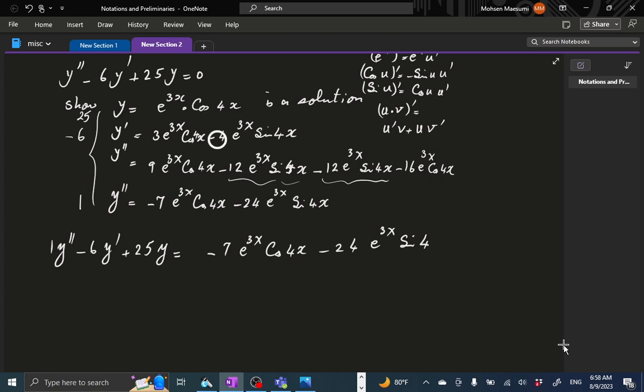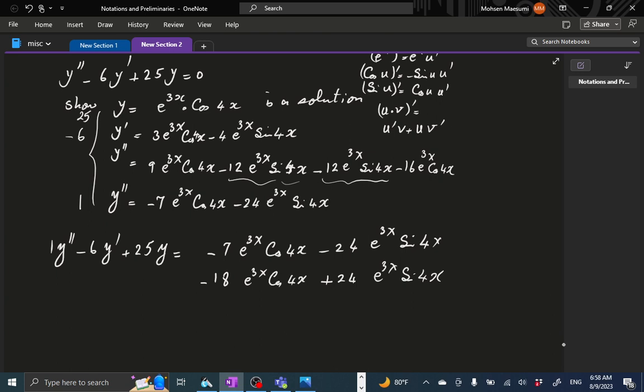Then 6 of the middle term. 6 times that is 18. Excuse me, minus 18 exponential of 3x cosine of 4x, and minus 6 times minus 4 is plus 24 exponential of 3x sine of 4x.